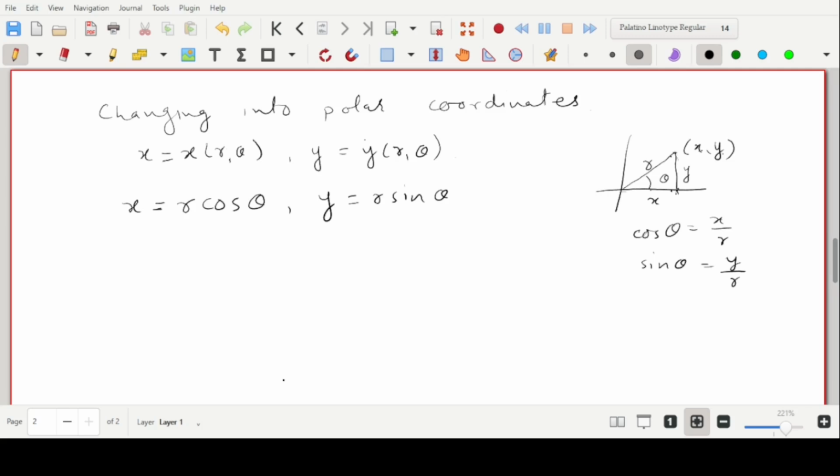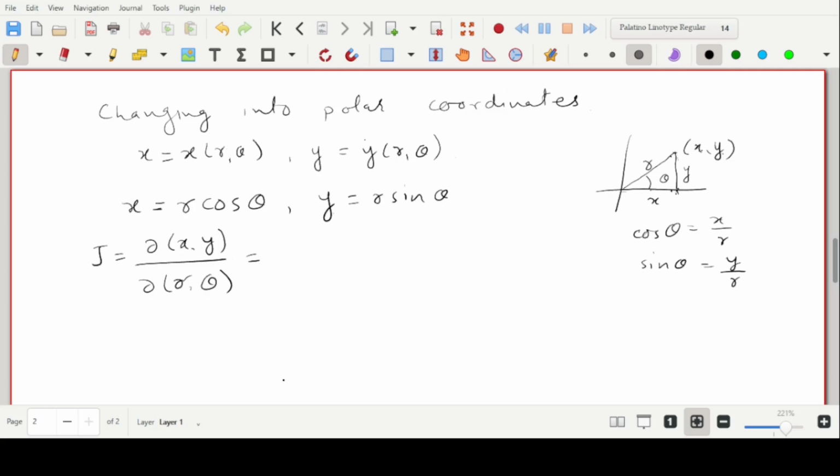So the x coordinate becomes r cos theta and the y coordinate becomes r times sin theta. And if we make this substitution, then the Jacobian becomes, see, this is a very specific substitution. We are not making some general substitution here.